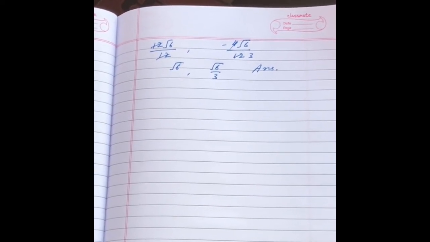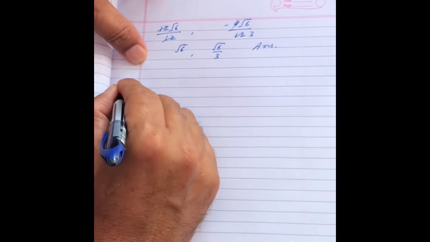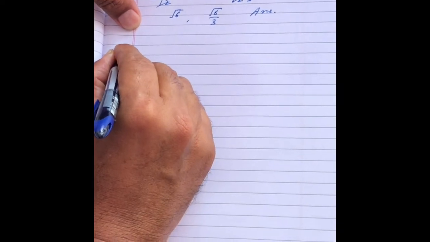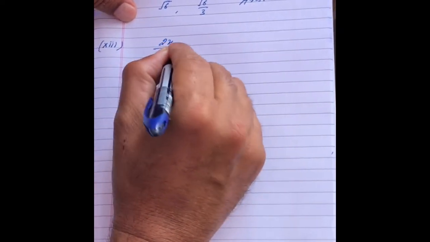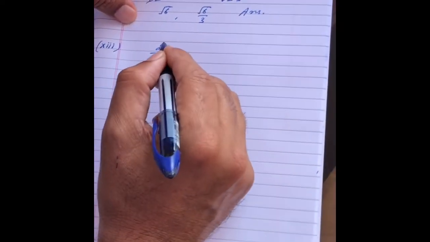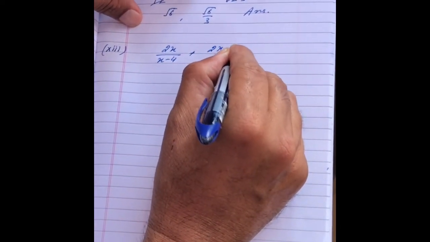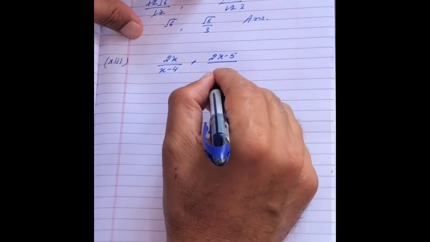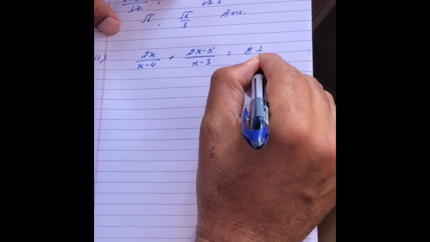Okay, question number 13, I solve. We will solve it taking LCM. Question 1, part 13: 2x upon x minus 4 plus 2x minus 5 upon x minus 3 equals 25 upon 3.